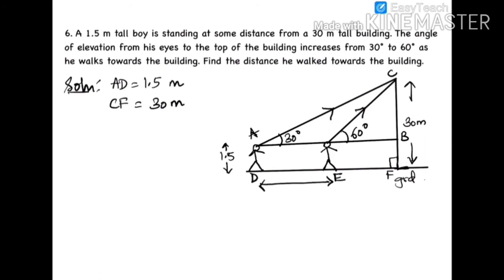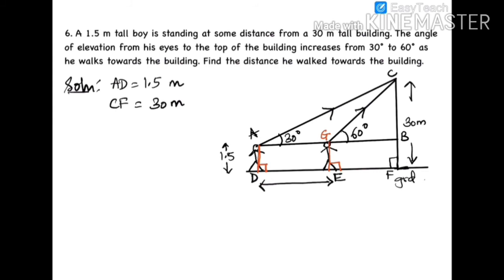Since the boy and the building are standing vertically on the ground, they make 90 degrees with the ground. So if we draw a line AD and GE, then AD, GE and BF are going to be parallel because these are lines that are perpendicular to the same line, that is DF.